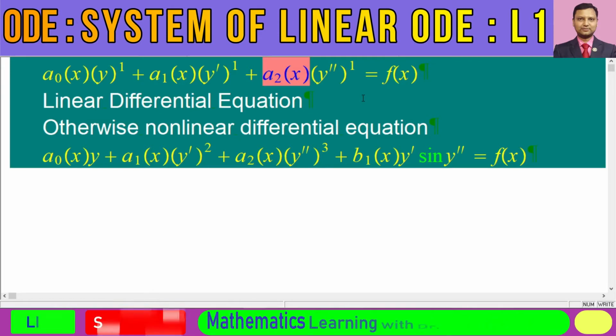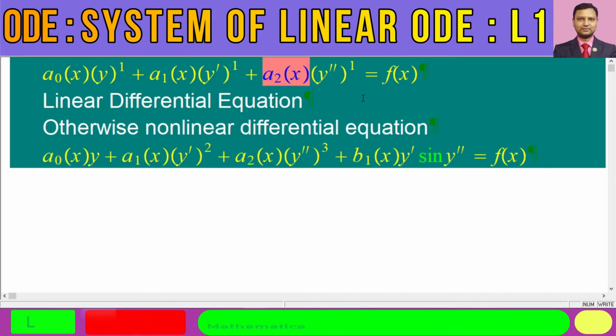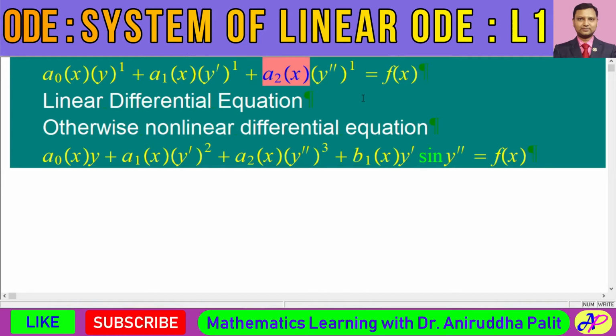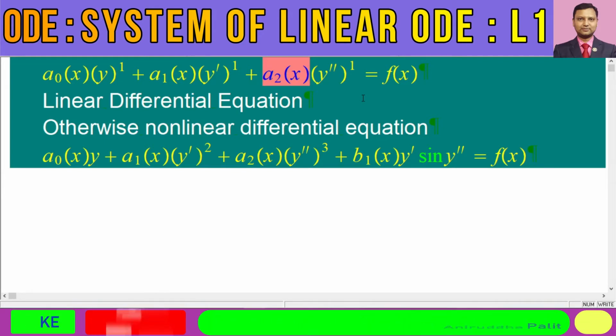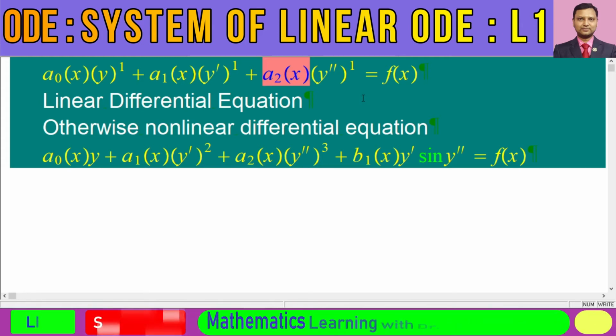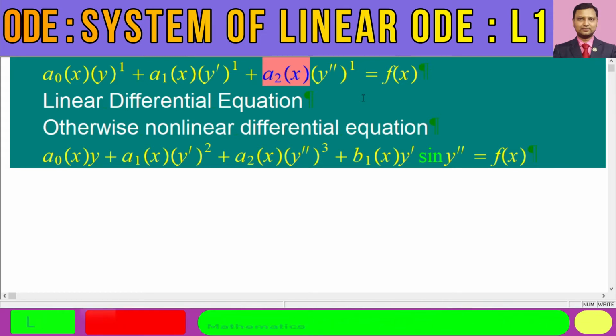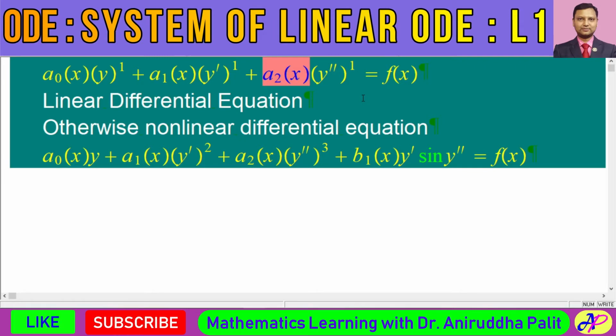And if these coefficients are not constant, they are functions of x, then sometimes we are able to find the solution of this kind of differential equation, but most of the times we do not have any definite technique by which we can find the solution. That is a very challenging task in the solution of differential equations.